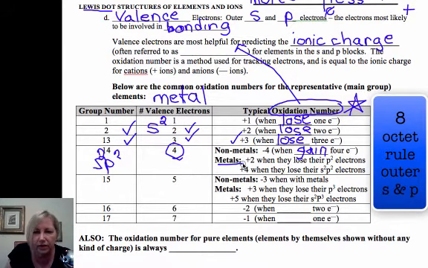Now, metals, because in group 14 there's both, the group 14 metals can either lose their P electrons. If they lost their P electrons, they become +2. If they lose their S and P electrons, they become +4. Group 15 is similar.